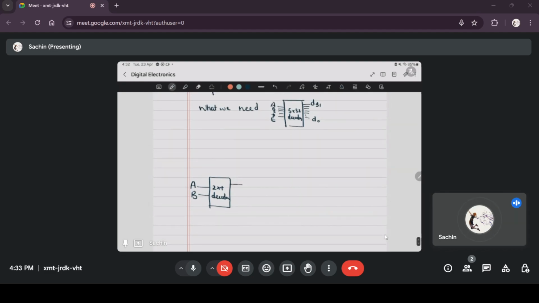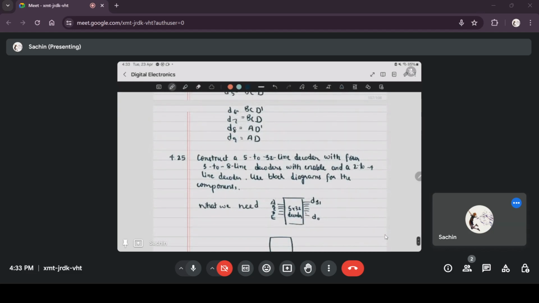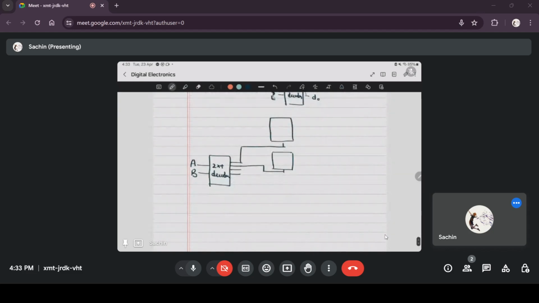And give the outputs of this decoder as the enable input of a 3 to 8 decoder.